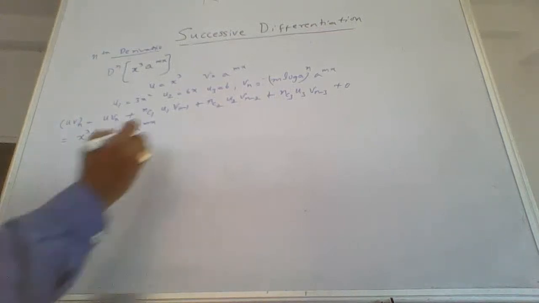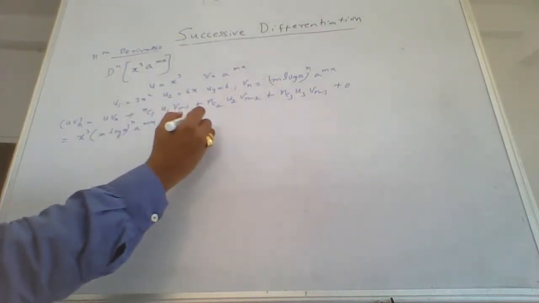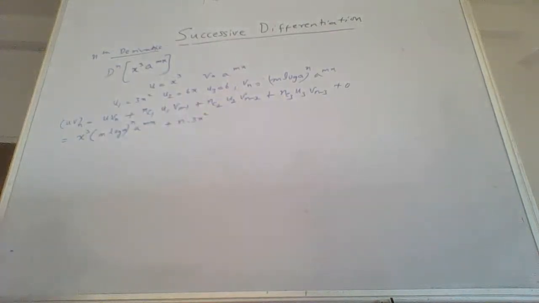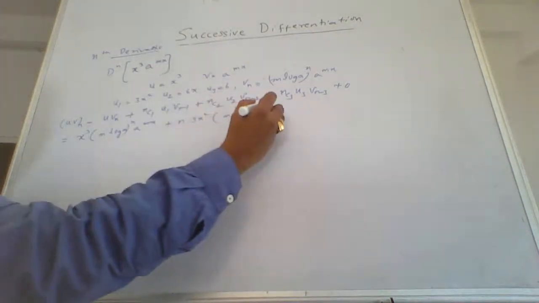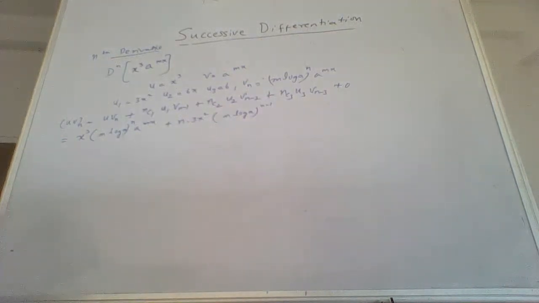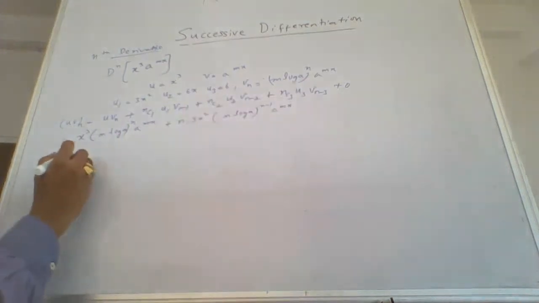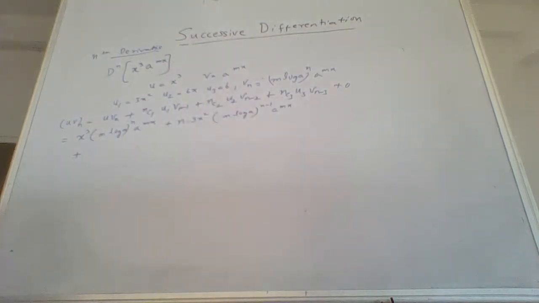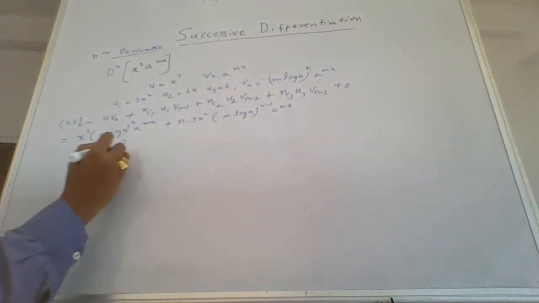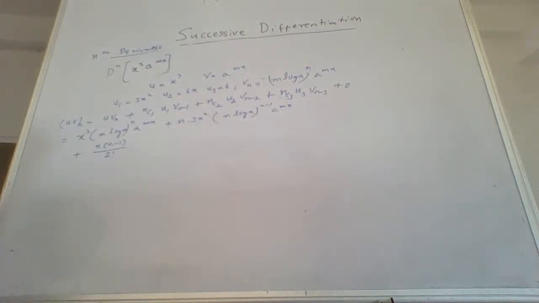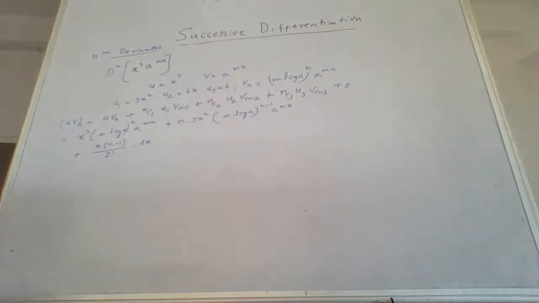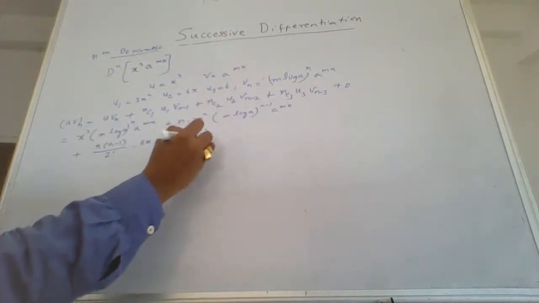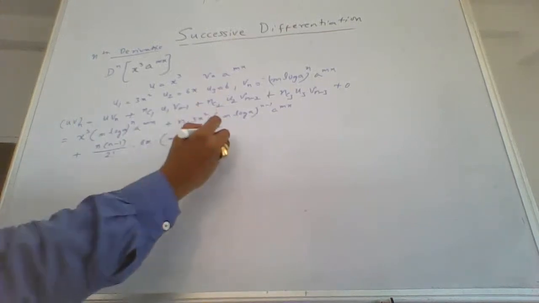Plus n into 3x square, m log a to the power of n minus 1, a power mx, plus nC2, which is n into n minus 1 divided by 2 factorial, into 6x, m log a to the power of n minus 2 into a power mx.